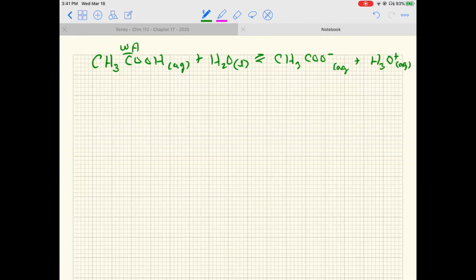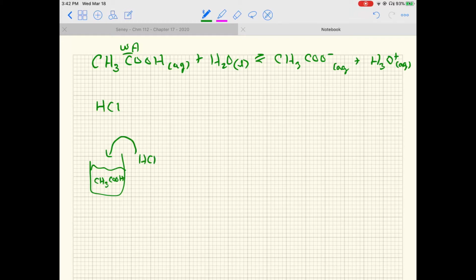So if we have only weak acid present, we don't have a buffer solution, just very little of it dissociating. If I put HCl into that flask, a picture would look like this, and I've got acetic acid already in here, and then I add to it HCl.